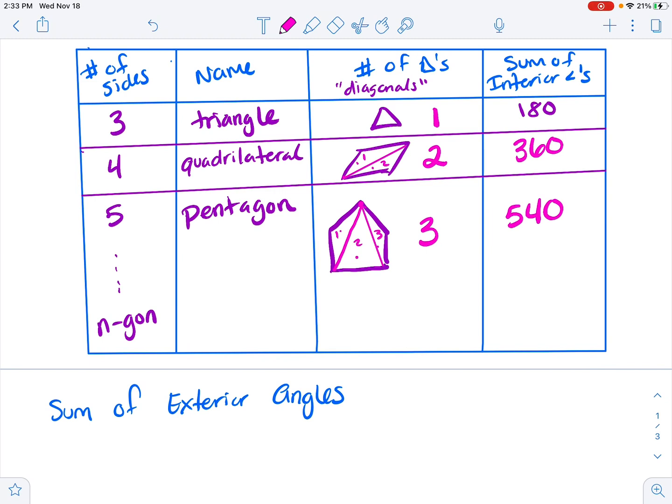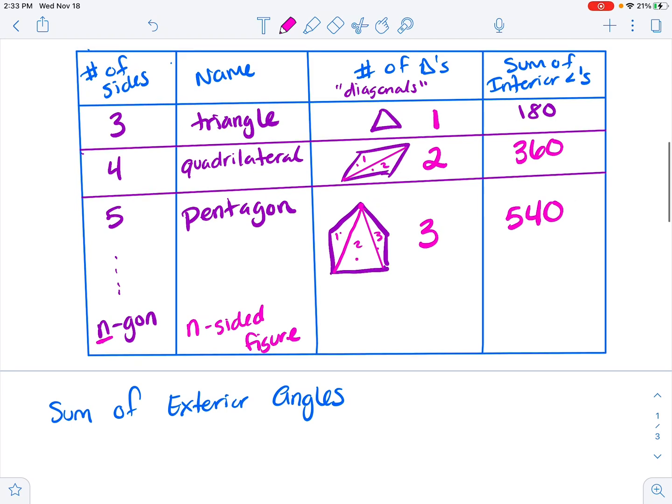Okay, now let's come up with a rule. So an n-gon is going to be our rule. This is going to be an n-sided figure. There's no picture for it because it could be any number of sides. And what do we notice? I notice a triangle has 3 sides, which makes one triangle getting to 180.